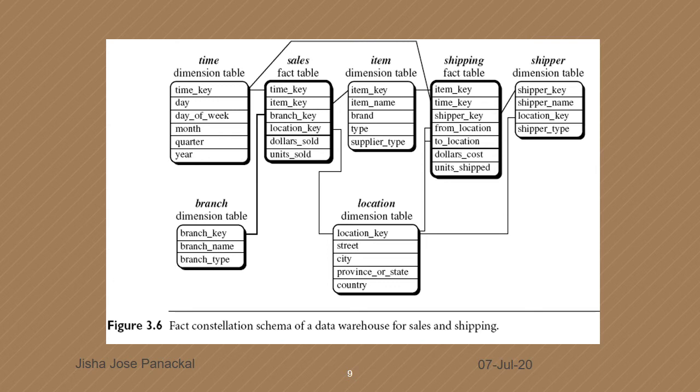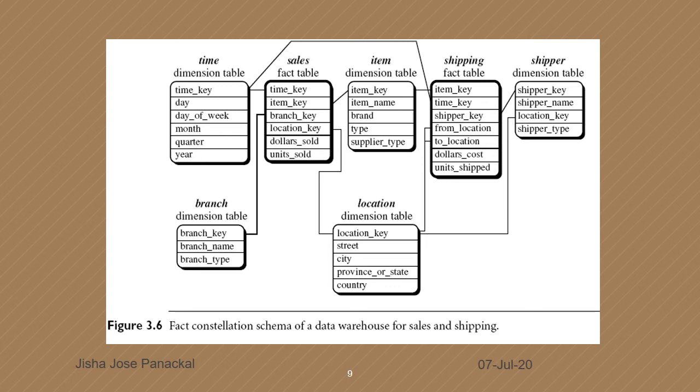And time also is shared between the shipping and sales fact tables. Standalone dimension tables are there too: branch is for the sales fact table alone, and we have a shipper dimension table for the shipping fact table.